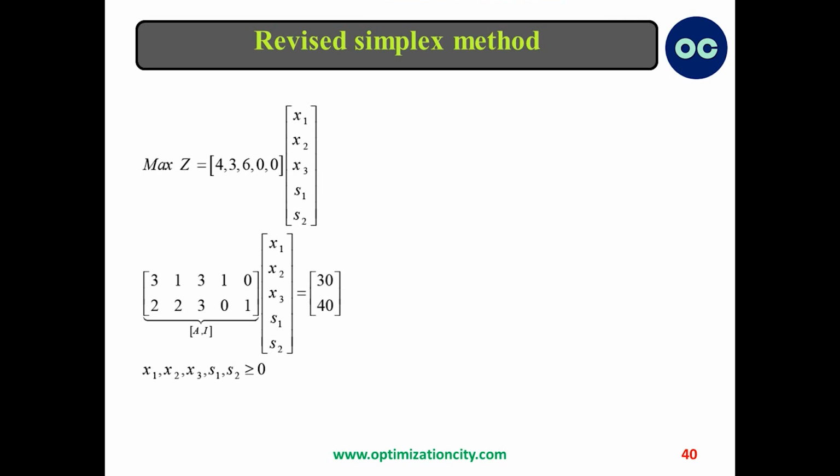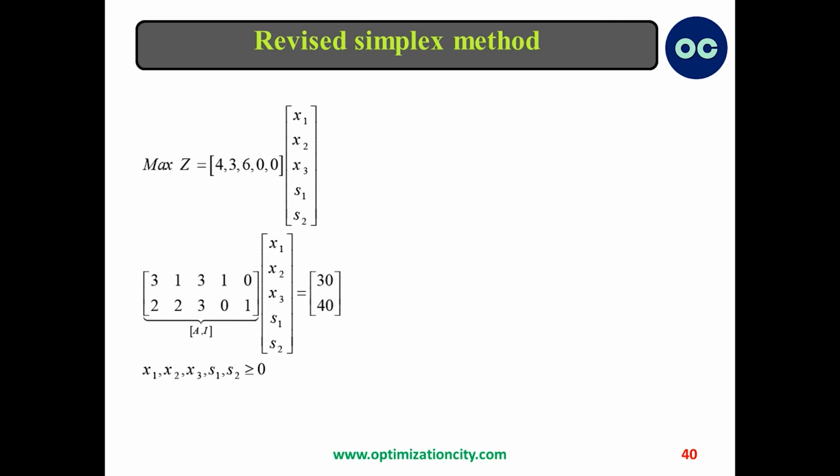The matrix A comma I is divided into 2 matrices. One consists of the coefficients of the basic variables, and the other consists of the coefficients of the non-basic variables in the constraint. This is the coefficient of the basic variables, and this is the coefficient of the non-basic variables. The matrix of the basic variable coefficients is represented as B. This is B, and this is N, a matrix of the non-basic variable coefficients.